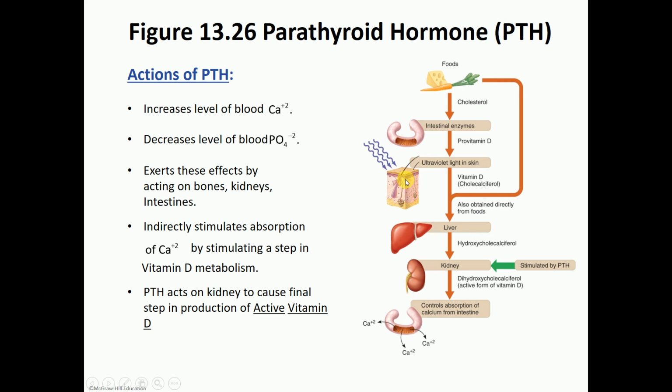And that has to be activated in 2 steps. The first step is in the liver, and the second step is in the kidney. And it's that step, again, that is stimulated by PTH. So in the absence of PTH, we will not be able to activate vitamin D, and these individuals will have vitamin D deficiency, and they will also have calcium deficiencies.